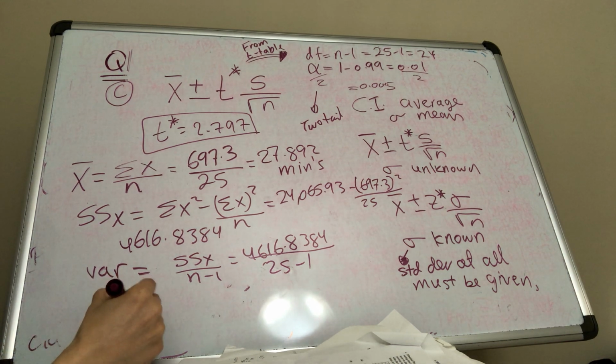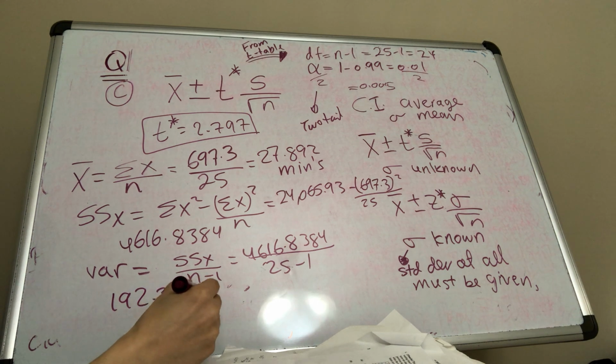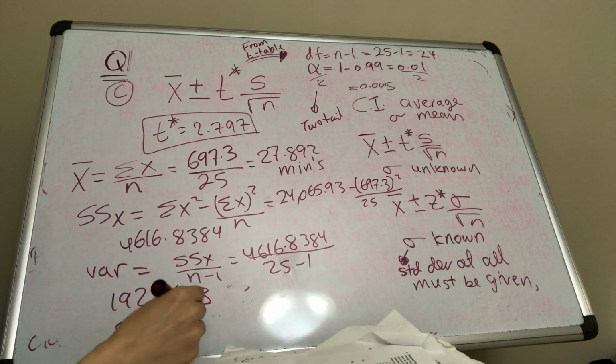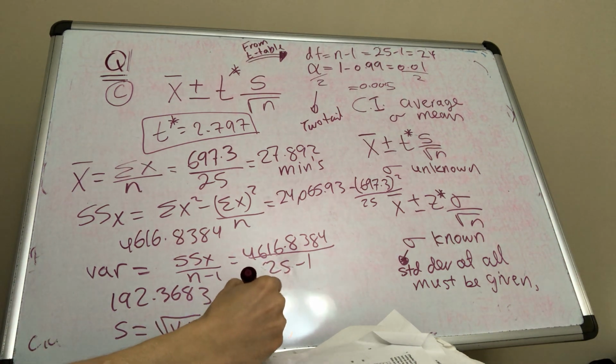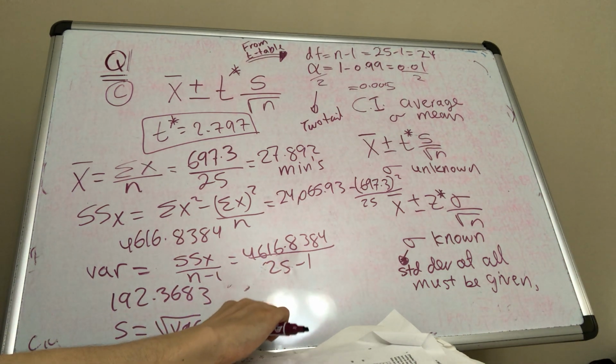That gives me 19.23683. Standard deviation is the square root, so you square root this number.